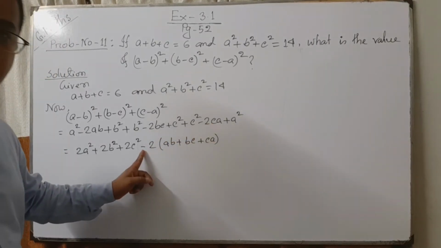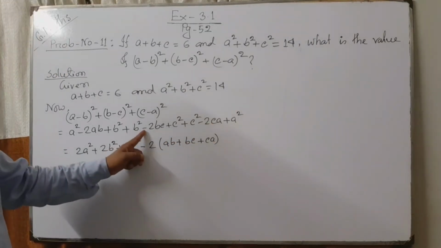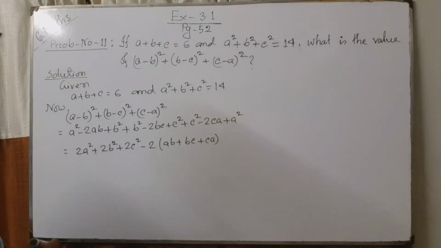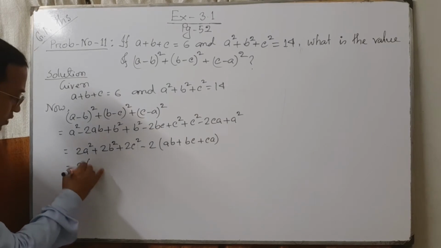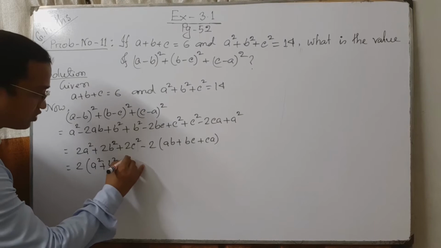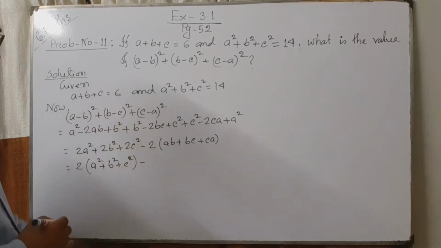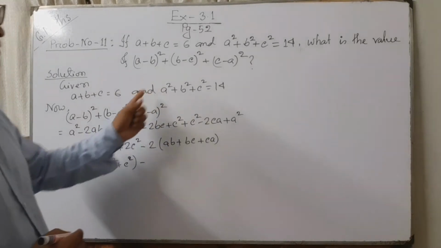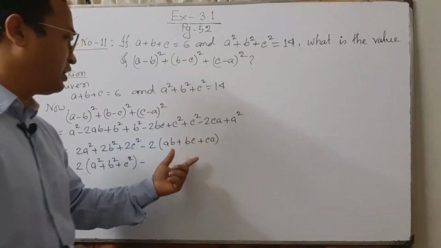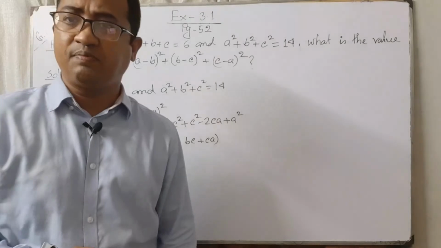Since I have taken minus common, this minus will be plus. Now take 2 common from a square plus b square plus c square. Look, there is the value of a plus b plus c and a square plus b square plus c square. There is no value of ab plus bc plus ca.